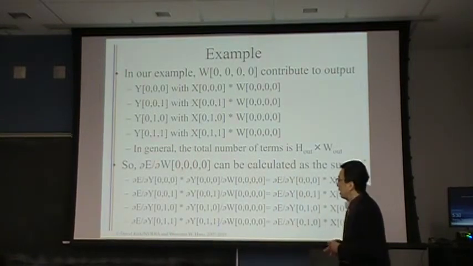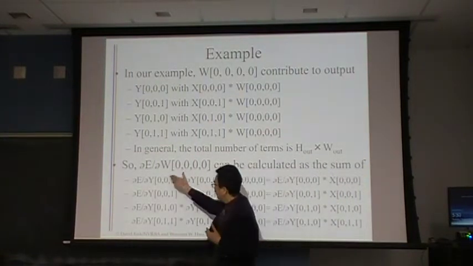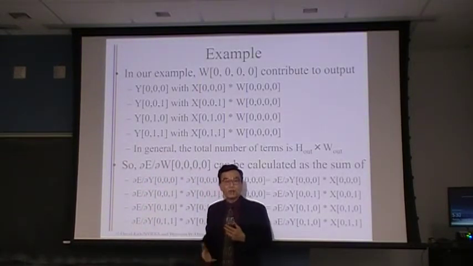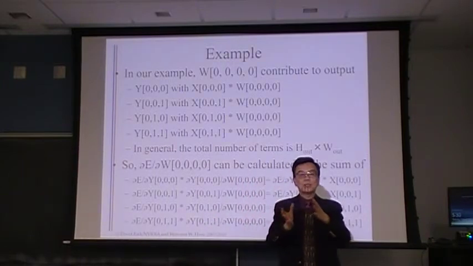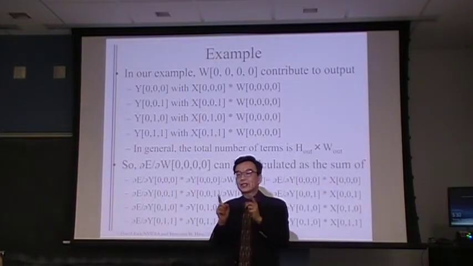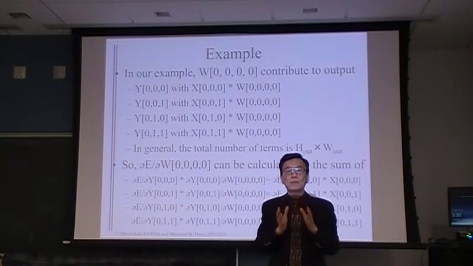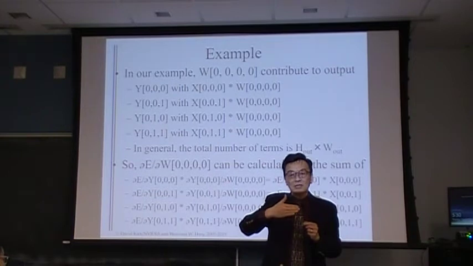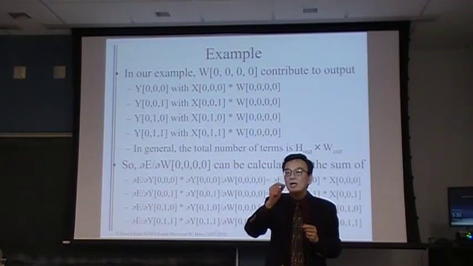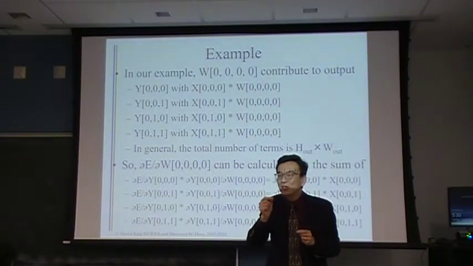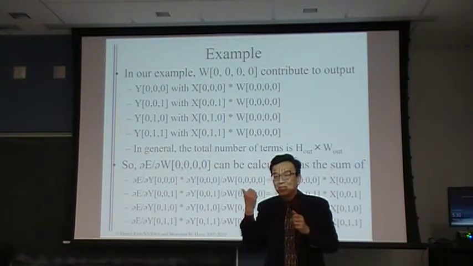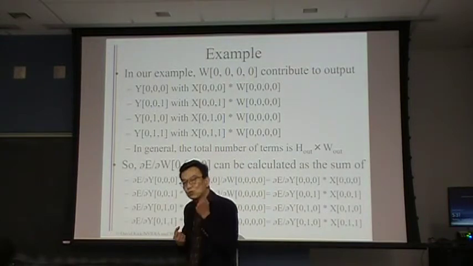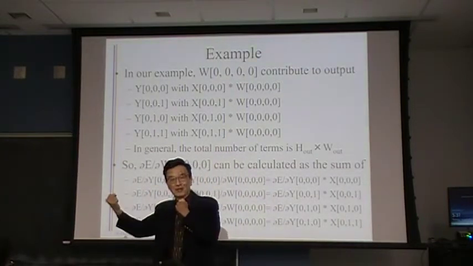When I look at the input, remember the input is delta E, delta Y. This is the input. It's coming in as matrices. They're exactly the same dimension as the output feature map because what this gives is the importance of every output feature map element to the error. That's what we know so far. We know how important every output feature map value is to the error value.